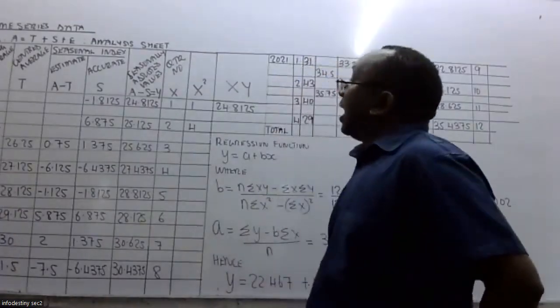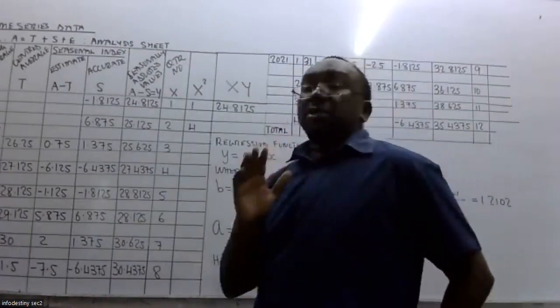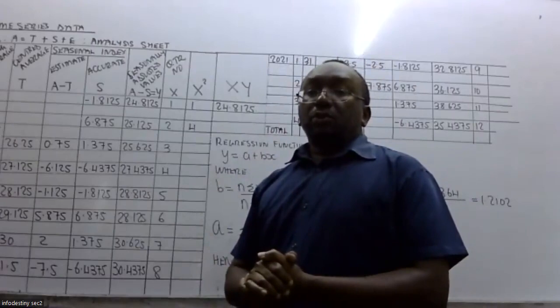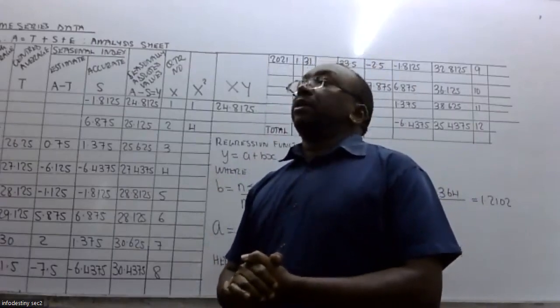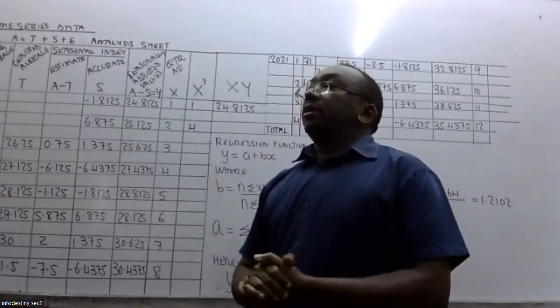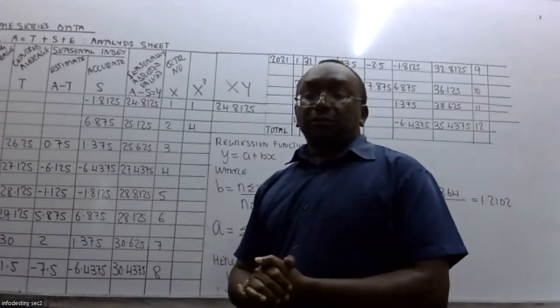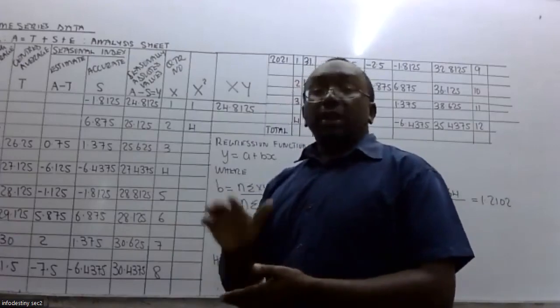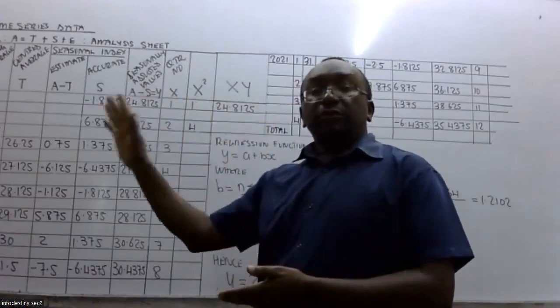So we are told to forecast, but that question is quiet on which method to use. We used the 4 methods of forecasting, so you could have chosen to use any of those 4.